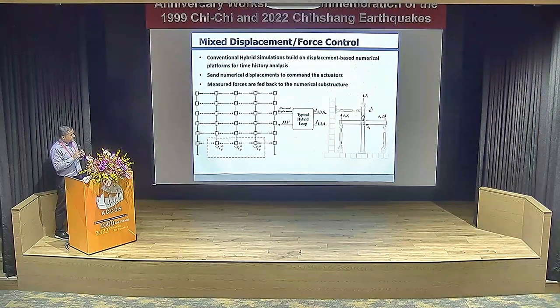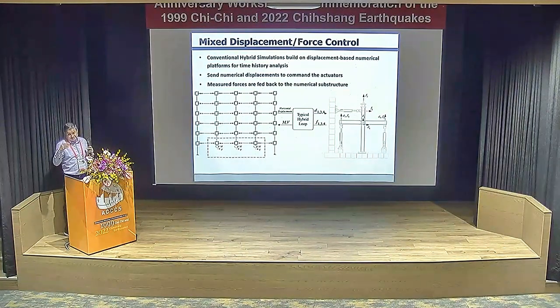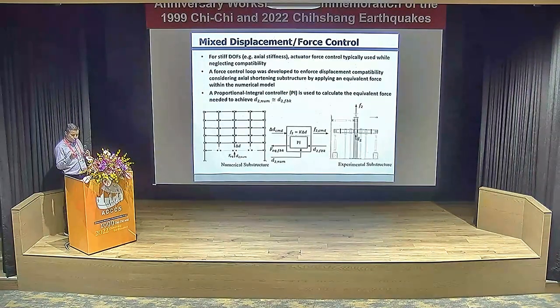The other thing that has typically been done, because axial loads are stiff degrees of freedom, is that the feedback is typically ignored. One of the things we did in this setup was have an additional control loop.